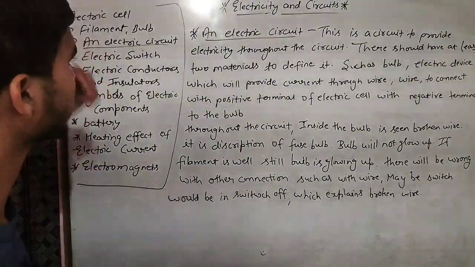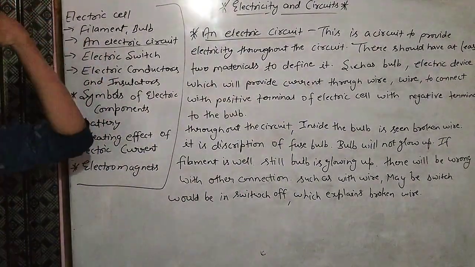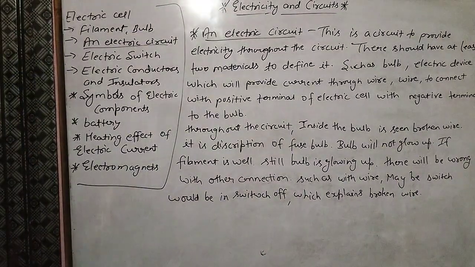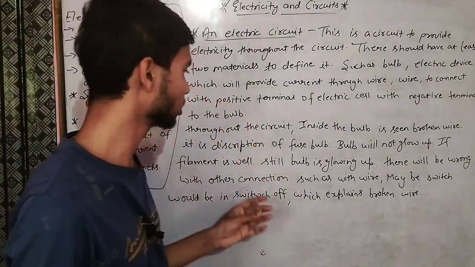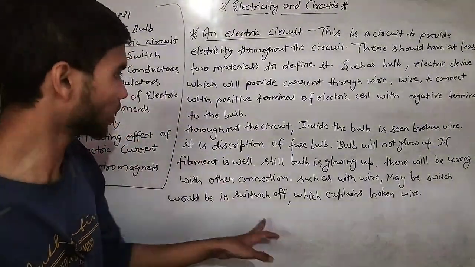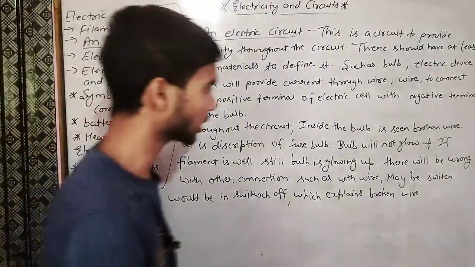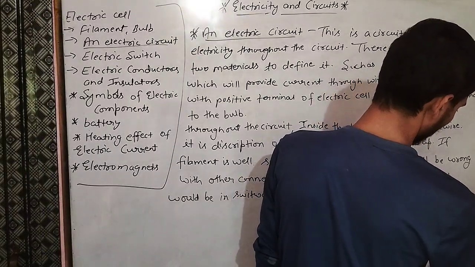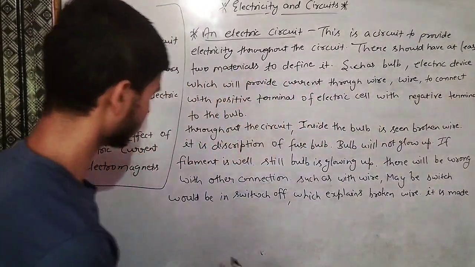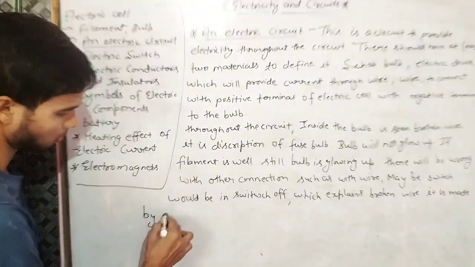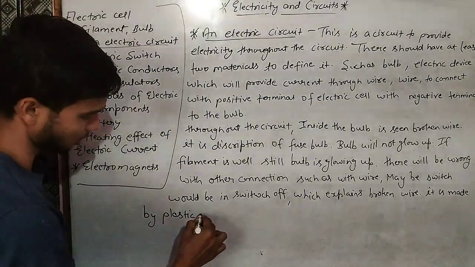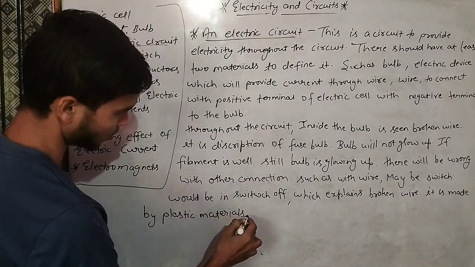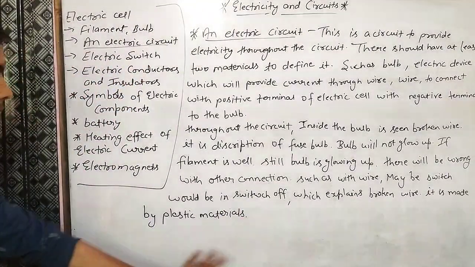This was a discussion of an electric circuit in a written form. Let's try to understand about electric insulators. Electric switch. I hope we are clear. And we can write here, it is made by plastic material.